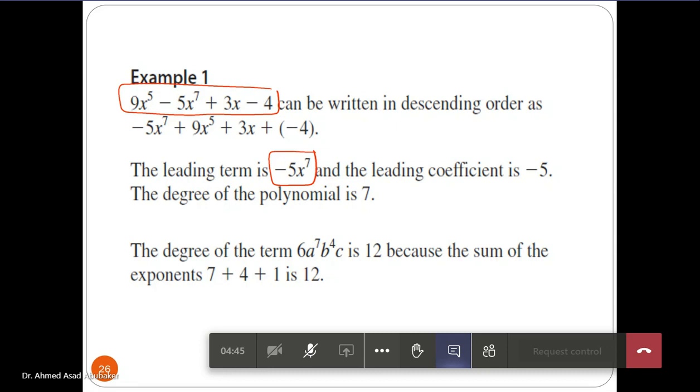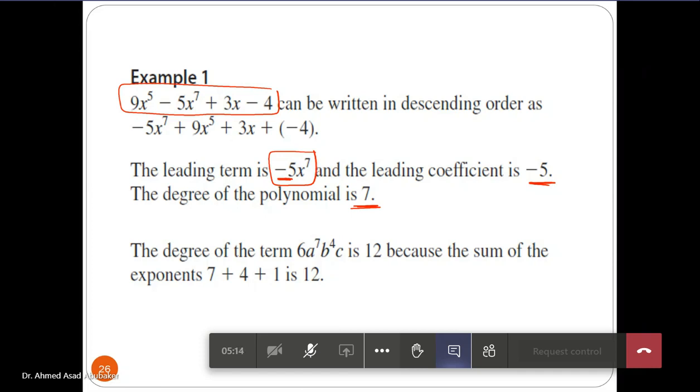But the coefficient is only negative 5. This is the leading coefficient. Now, what's the degree of the polynomial? The largest exponent, which is 7. So the degree of the polynomial equals 7.